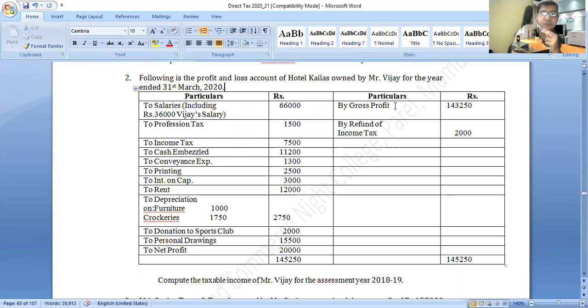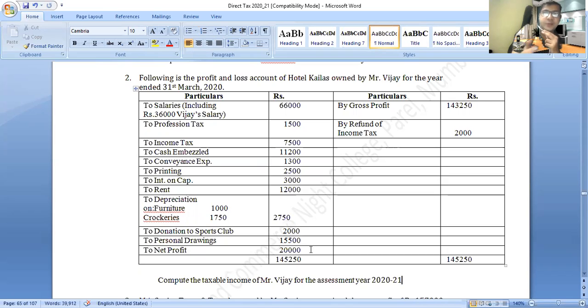Compute the taxable income of Mr. Vijay for the assessment year. Again, we have to change the assessment year to 2020-21. So friends, this is the information, and on that basis we have to find out the taxable income of Mr. Vijay. He is the owner of the Hotel Kailash, and he has provided the information about the profit and loss account, and the net profit is also there.